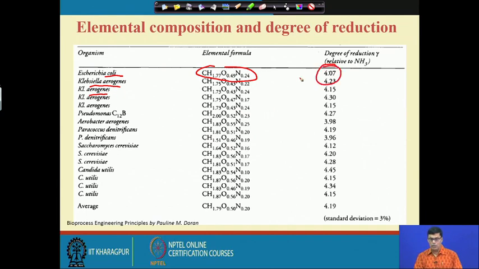So, I ask all of you to do the exercise and try to find out whether you are getting this value or not in the case of different types. On the basis of that, we select the average composition; the empirical formula of the biomass is CH 1.79 O 0.5 N 0.2.